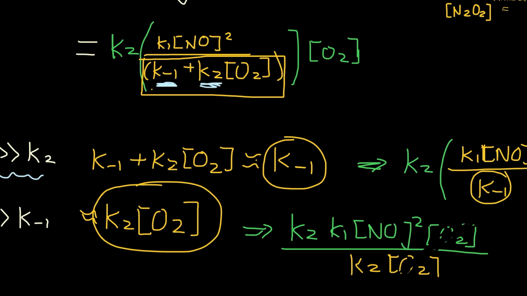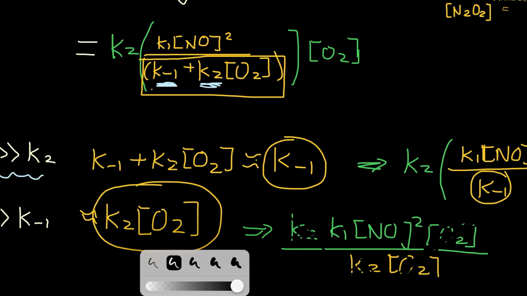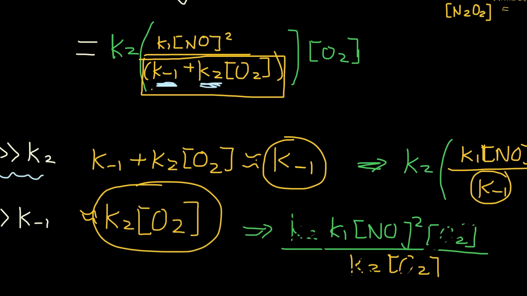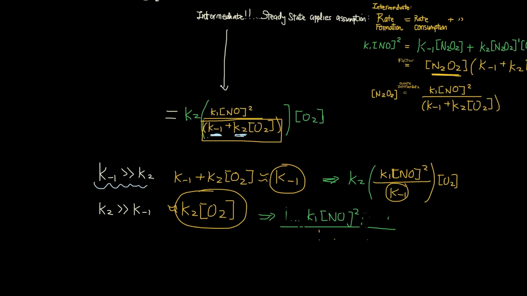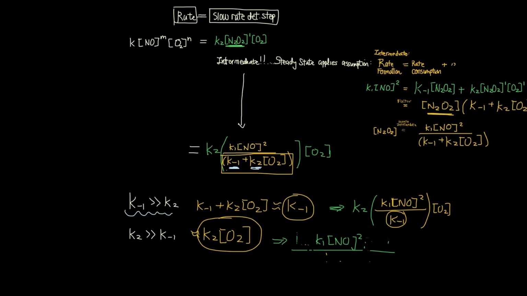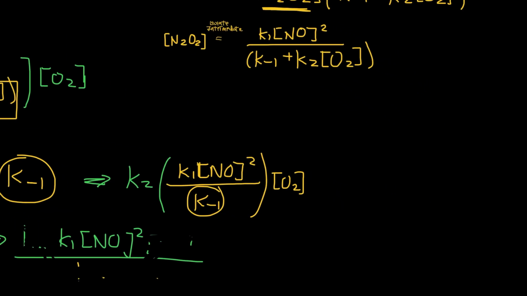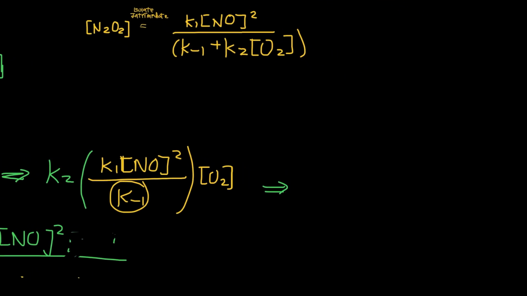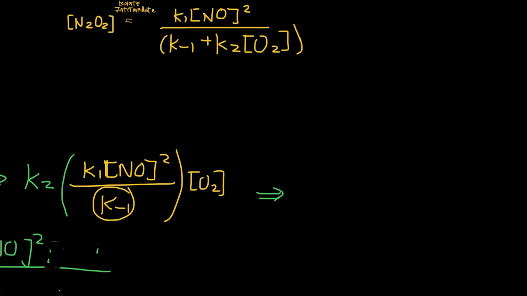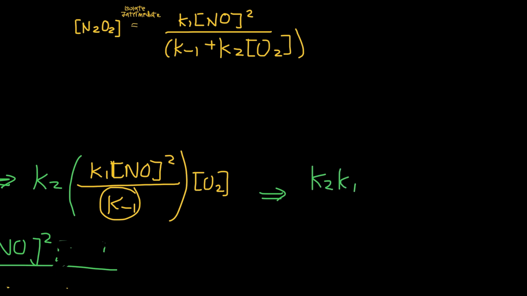These O2 cancel out, and these K2 also cancel out. What you're left with is just this incredibly simple equation, which is great. And just one last thing to do with our first expression that we need to finish off: we would also combine the K's so that it looks like this.